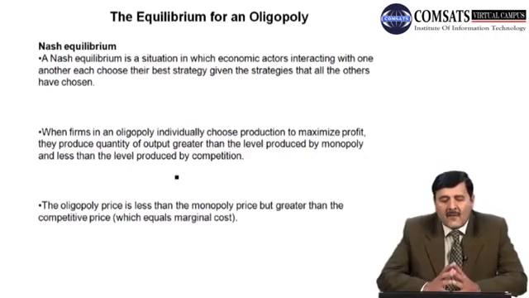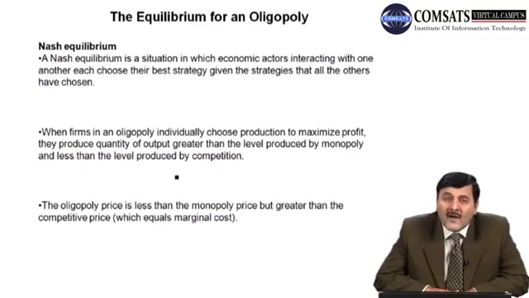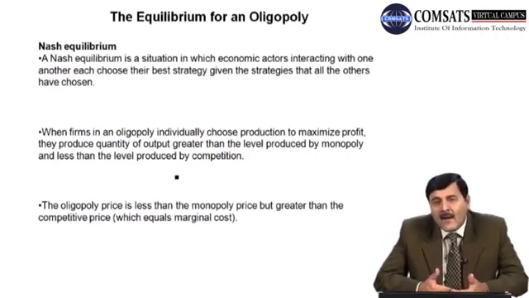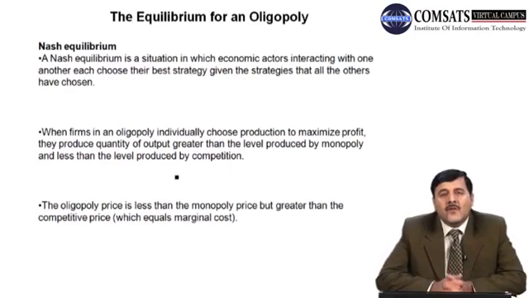So when they interact with each other and each one of the economic actors or the firms chooses their best strategy given the strategies that all the other firms have chosen, they must consider what other firms have chosen, what they have decided to produce and charge, and then they decide about their strategy.